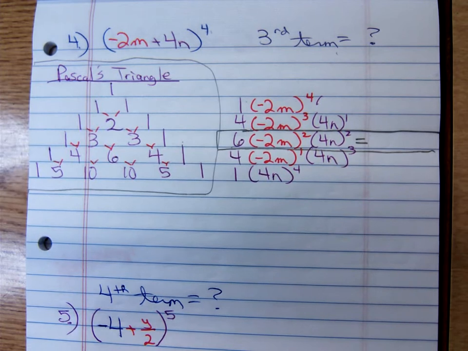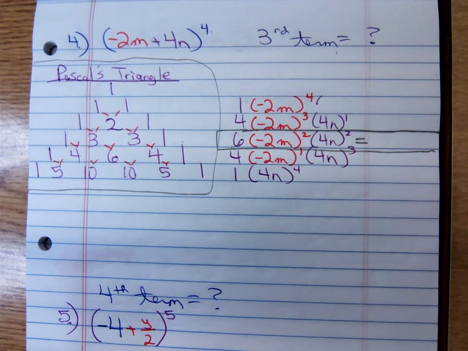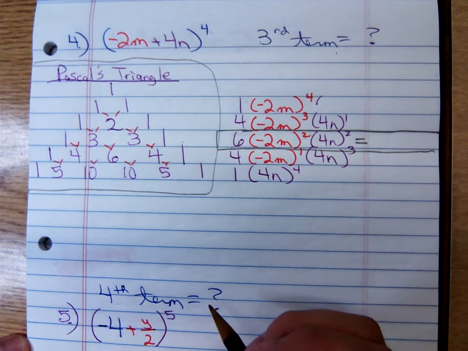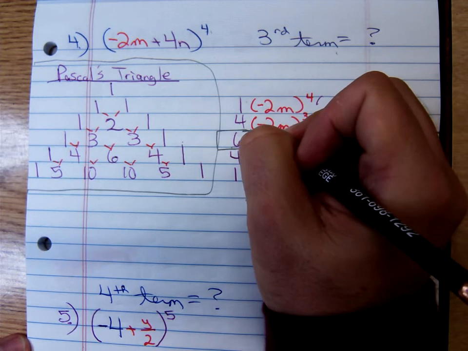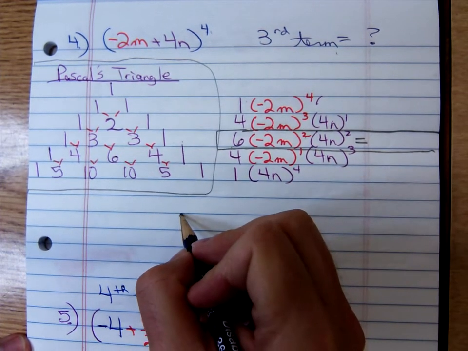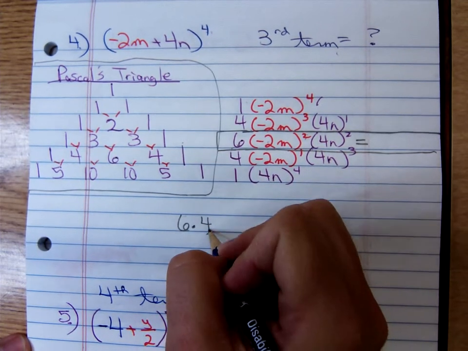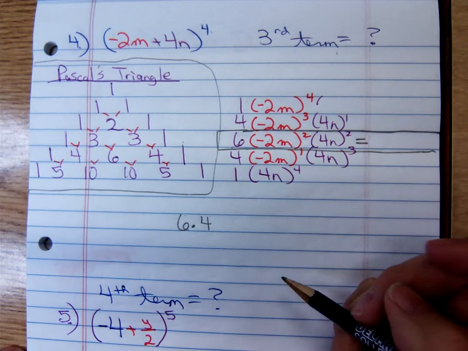So what should I do first? Negative 2 squared, that is a positive 4, okay. Here's my scratch work. I have a 6 times. I said that's a 4. That's a positive 4. Anything else?